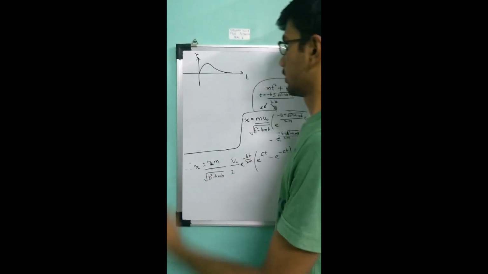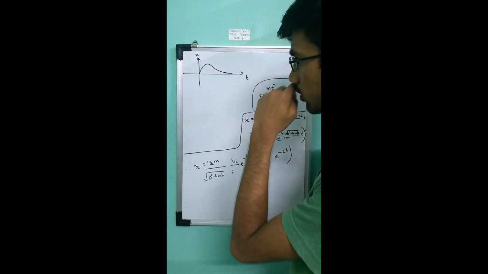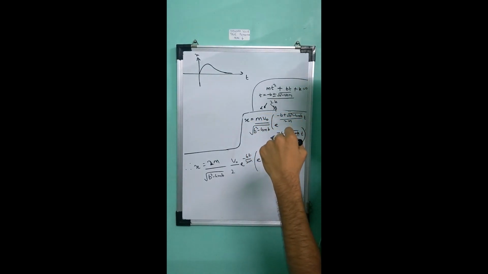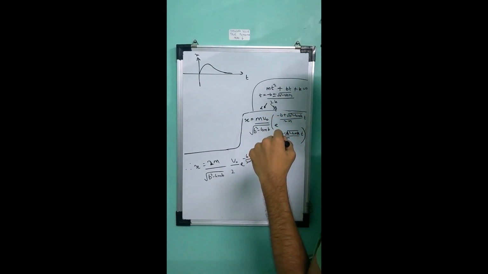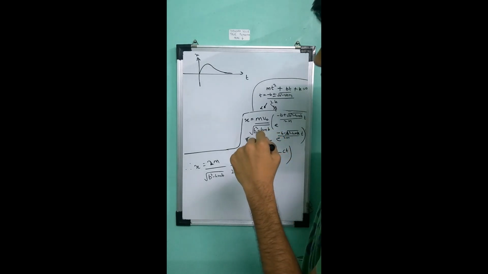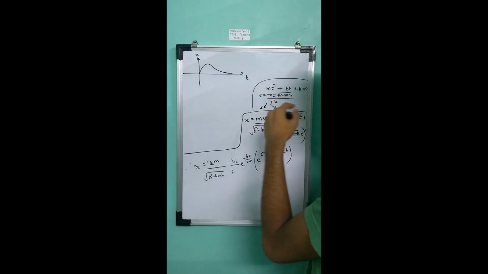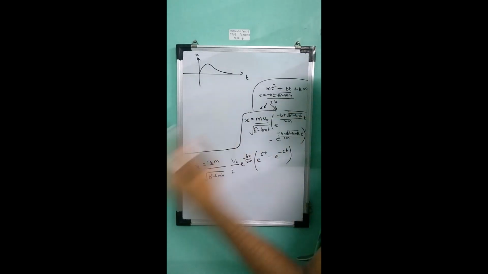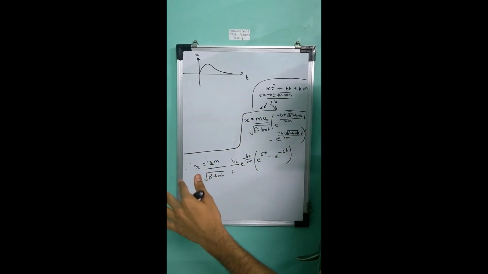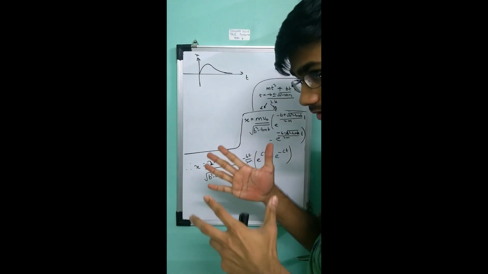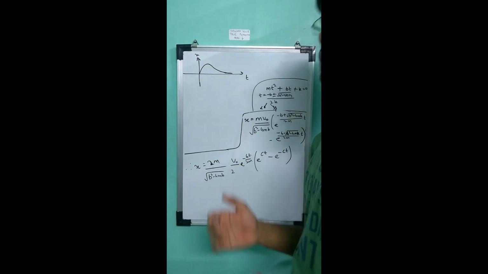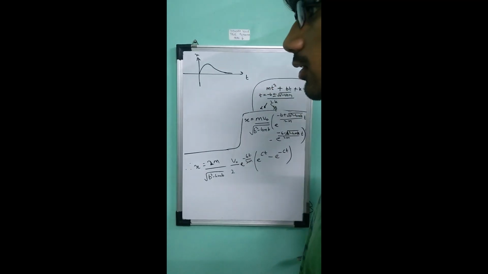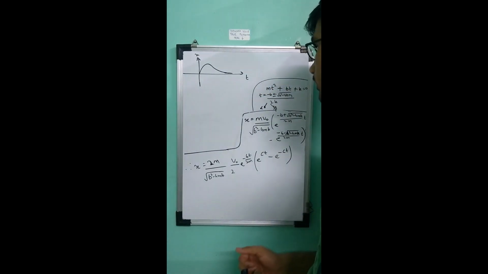So the graph will look something like this if the discriminant is greater than or equal to 0. What is the physical explanation of this? Since the discriminant is greater than 0, b square is greater than 4km.